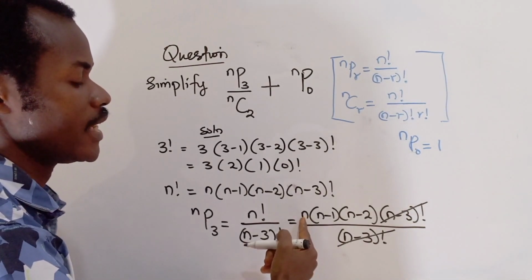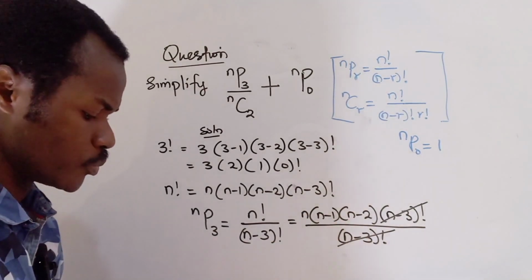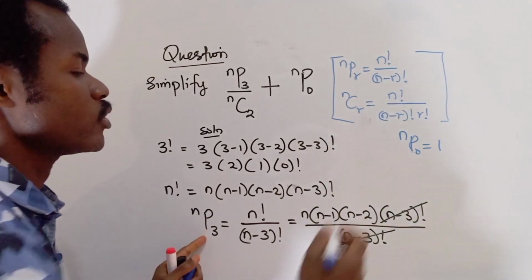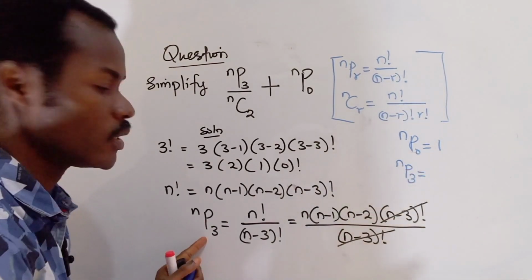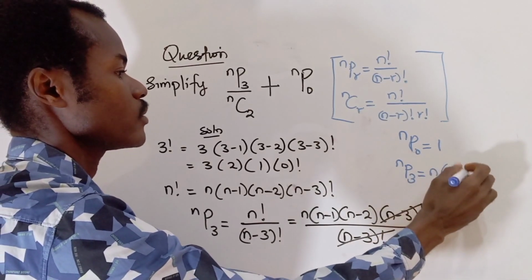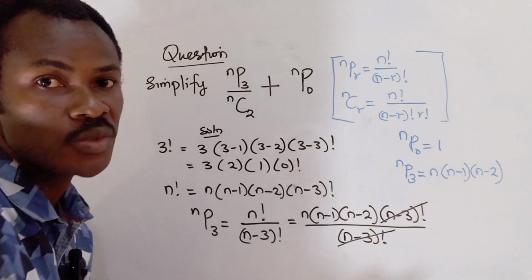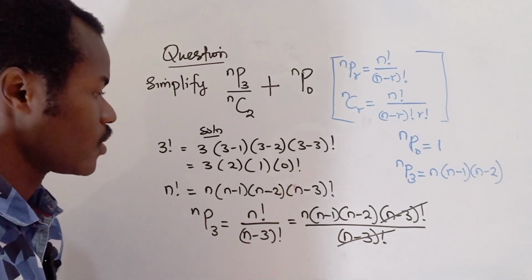We are left with n, n minus 1, n minus 2. So our nP3 is equal to n multiplied by n minus 1 and multiplied by n minus 2.